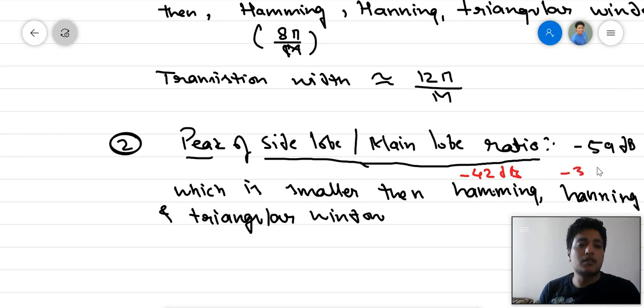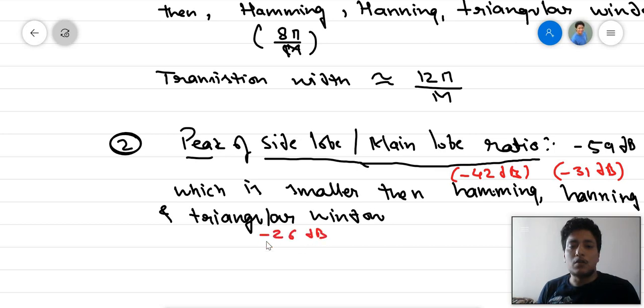Hanning window it is minus 31 dB. Triangular window it is minus 26 dB. Obviously it is very small compared to the rectangular window which has only minus 13 dB.